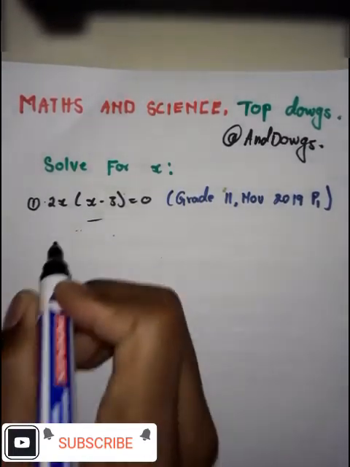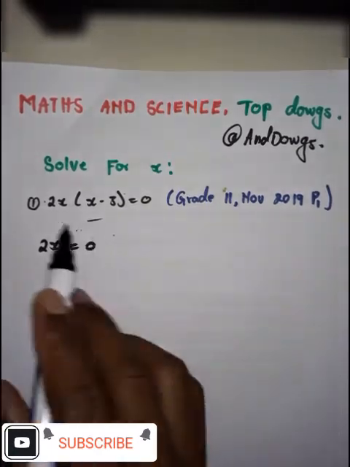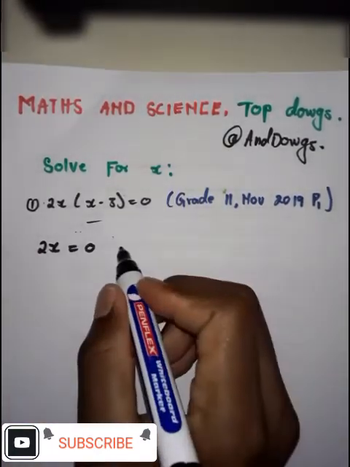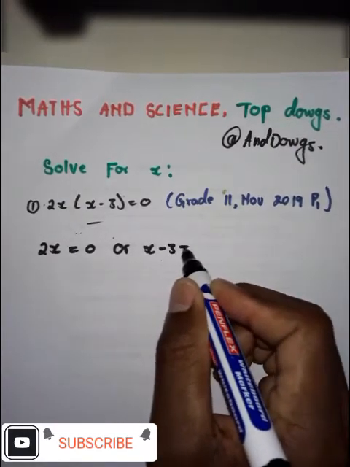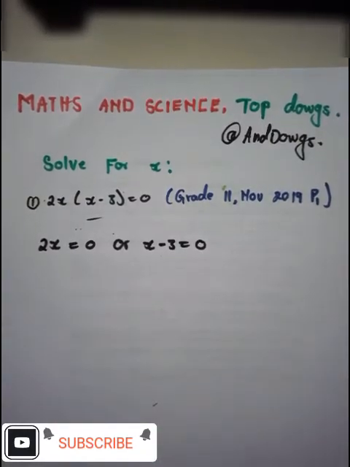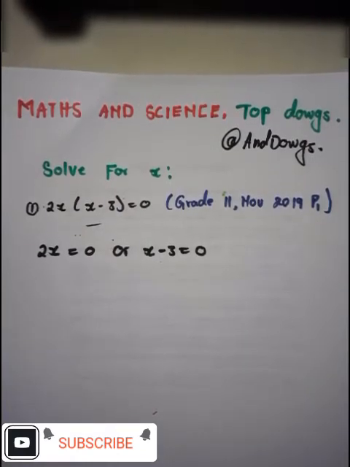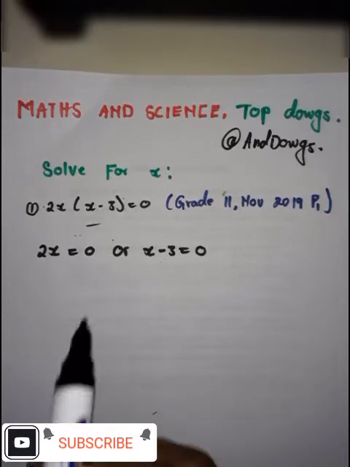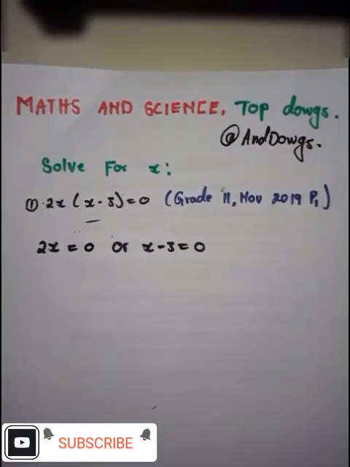So if 2x is equal to 0, the whole thing is going to be 0, or if x minus 3 is equal to 0, the whole thing is going to be 0. You have to understand the meaning of what you're doing. Don't cram things, knowing that I just take this and equate to 0, take this and equate to 0. What's the meaning of that?